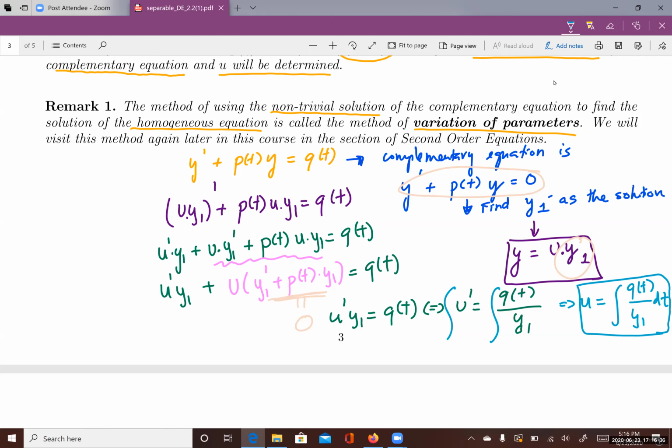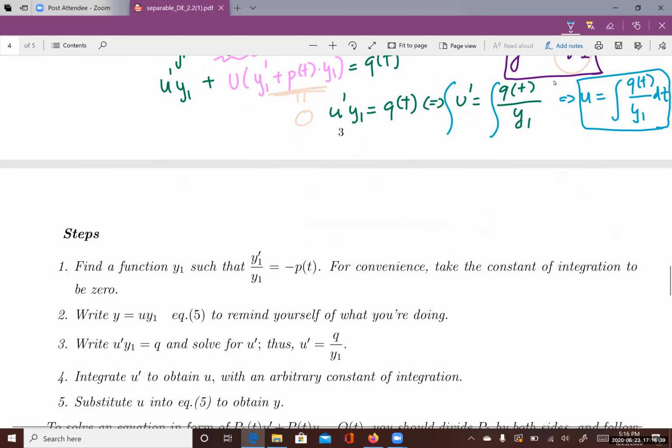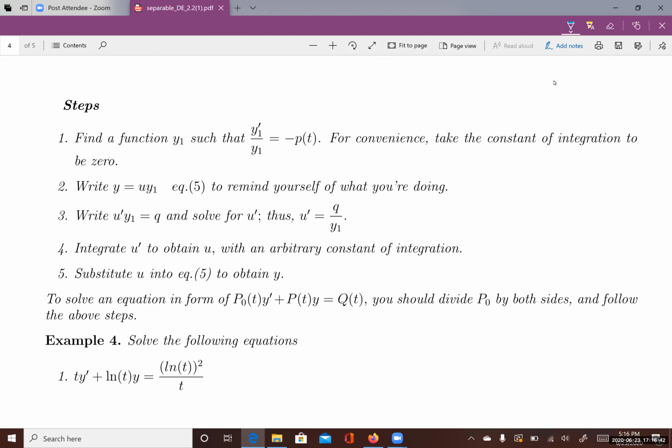So to summarize, I listed all the steps right here. These steps will help you find a solution to a non-homogeneous equation using its complementary equation. First, find the function y1, which is the solution to the complementary equation. For convenience, take the constant of integration to be 0.